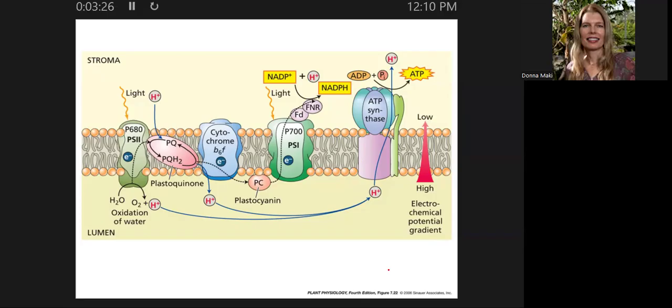And then your ATP synthase. So those are the physically big players. And then you have these mobile carriers that will shuttle electrons between these really big players and hopefully keep everything cooking along just right. We also want photosystem 1 and photosystem 2 to be getting hit with the same quality and quantity, especially quantity, of light.